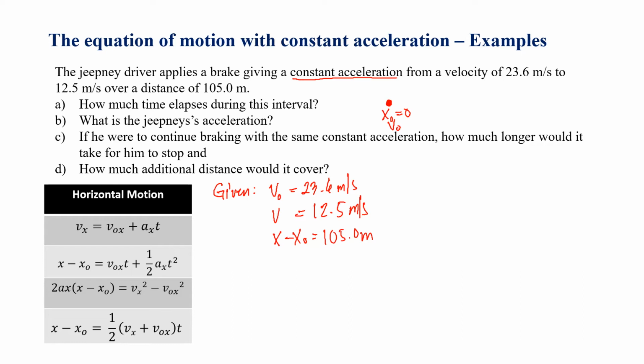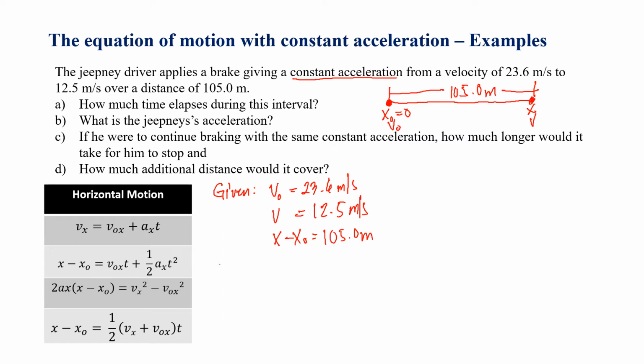Now, as the jeepney driver applies a brake, giving a constant acceleration, the jeepney covers this total distance here, which is 105 meters. And at this point here, you have your x and your velocity, which is equal to 12.5 meters per second.